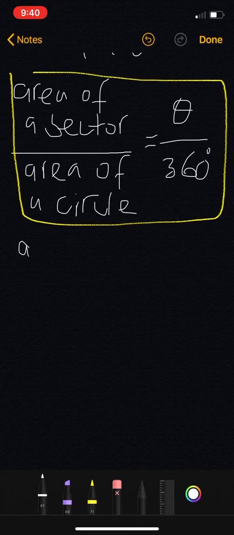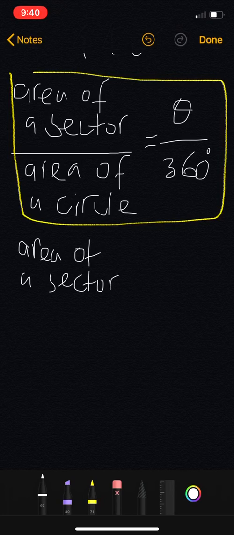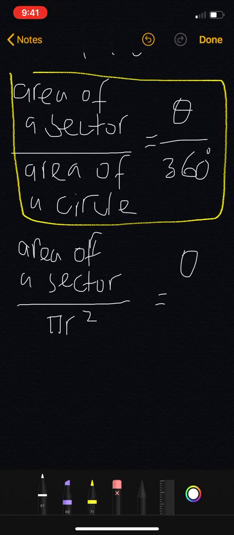Area of a sector over the area of a circle, which is pi r squared, equals theta over 360 degrees.